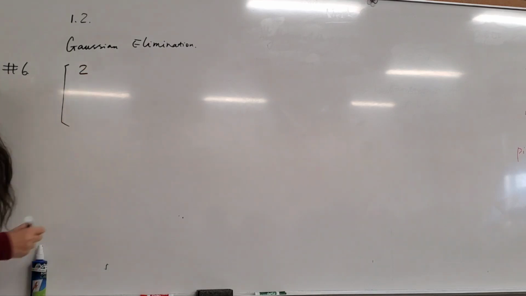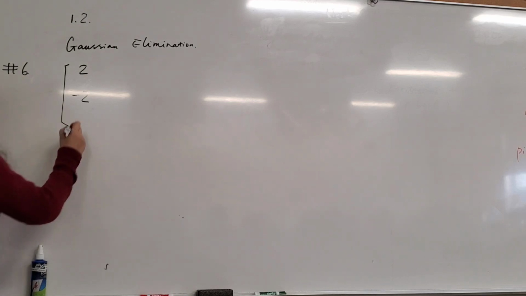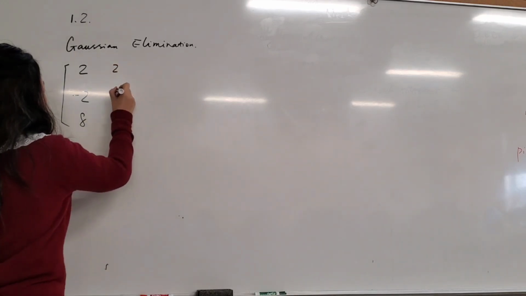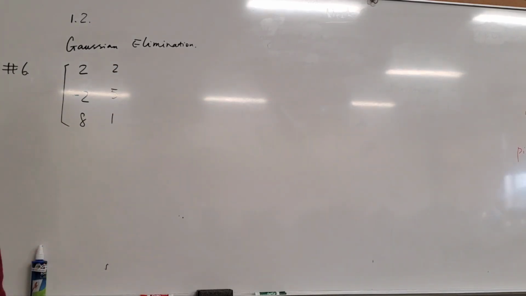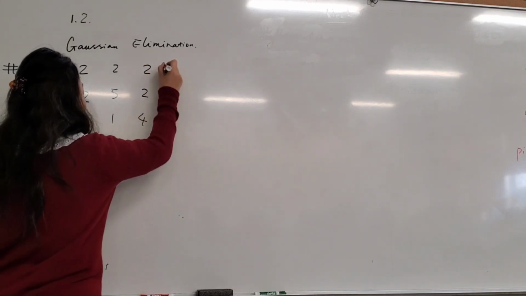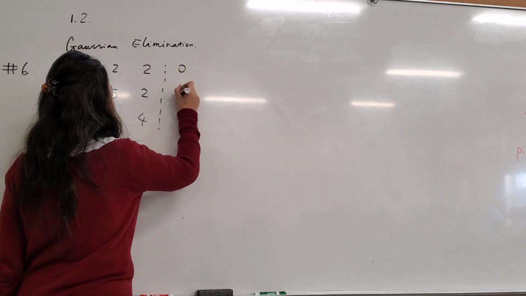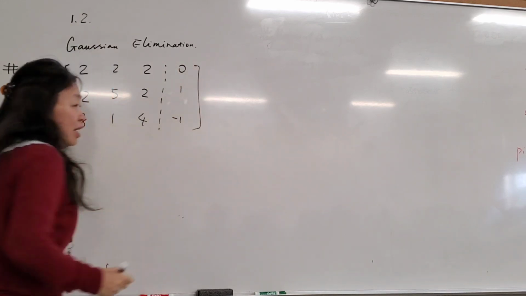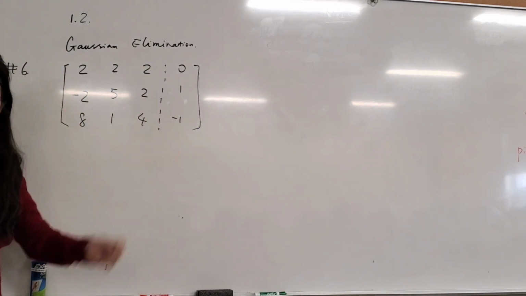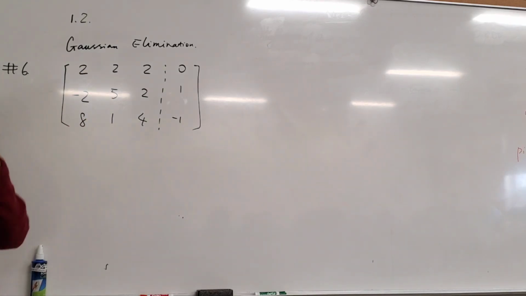So 2, -2, and then 8, and then 2, 5, 1, and then 2, 2, 4, and then 0, 1, -1. When you do this, make sure you do not make any mistake on your entries. You make one mistake, then the whole thing will be off. Make sure every number is the right number.